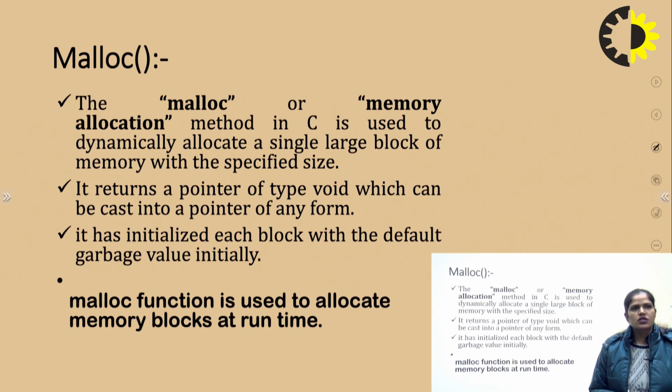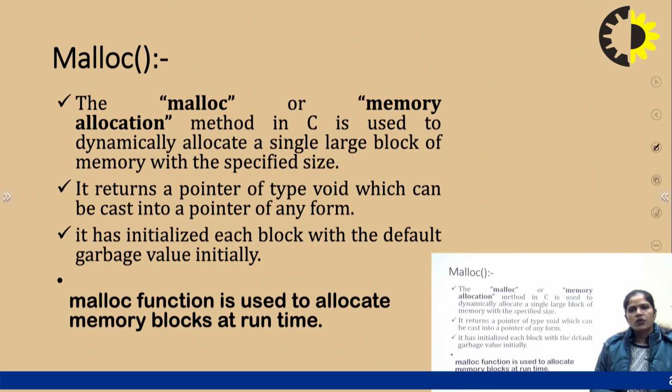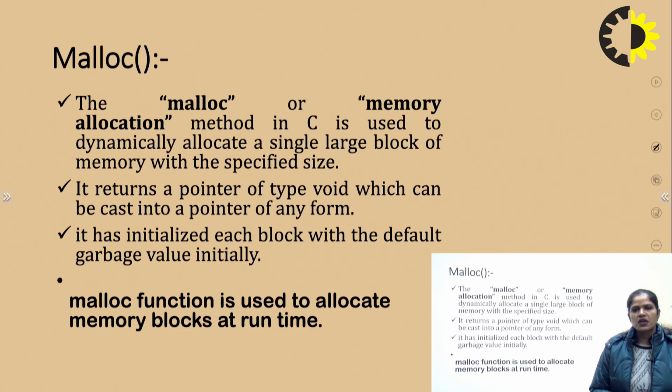So the malloc function is used to allocate memory in the C language dynamically, because it will provide the space at execution time, right? It returns a pointer of type void, which can be cast into a pointer of any type of data, right? So what is the meaning of this statement? That means whenever we use the malloc function, it will allocate some space, and this space is assigned to a pointer.